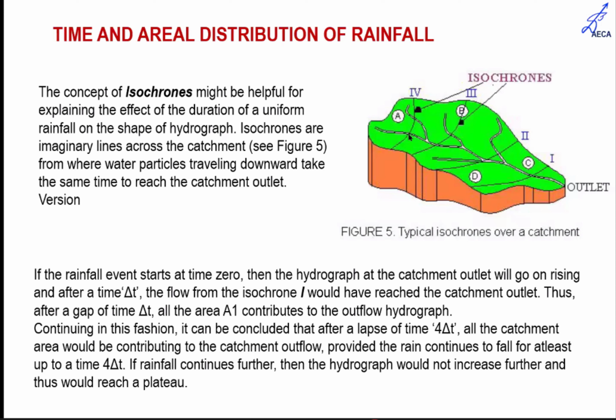So for a particular rainfall event starting at 0, when the hydrograph at the catchment outlet goes on rising, after a time delta t, one isochrone would have been filled up. Then after delta t, A1 is contributing. Similarly, in 4 delta t, all the catchments would have contributed, and further than that, the hydrograph would reach a plateau.